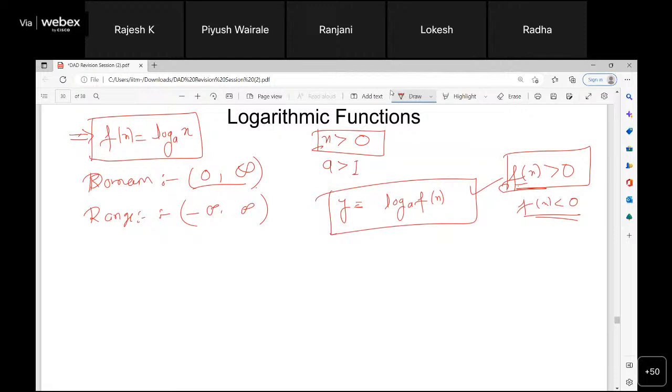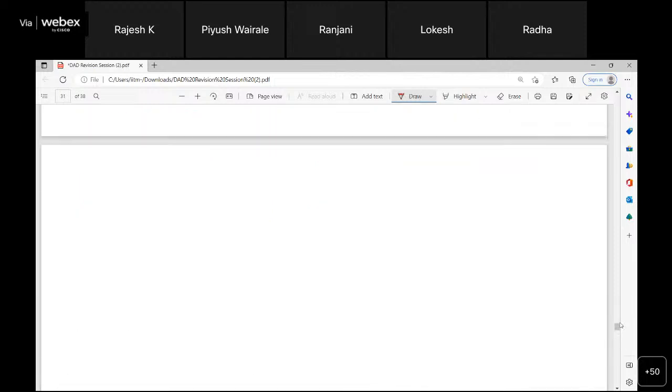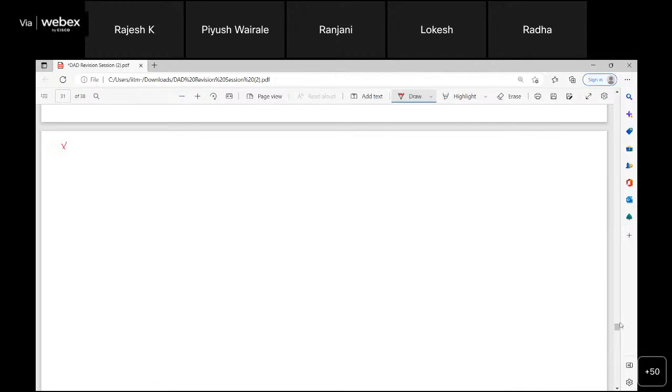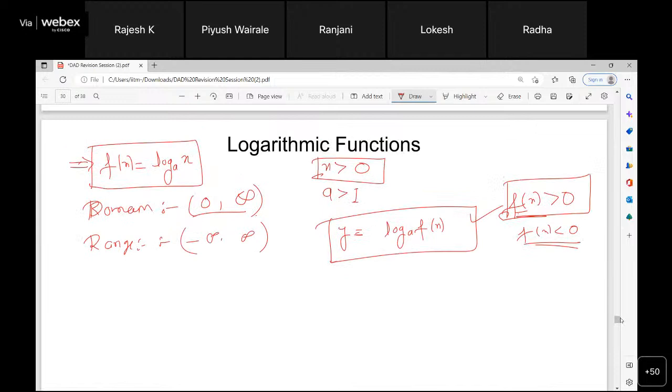And a few properties you need to remember. So what are the properties? These are the important properties. Excuse me, the previous example you mentioned, y equals log f(x) to the base a, this is a composite function, is it?